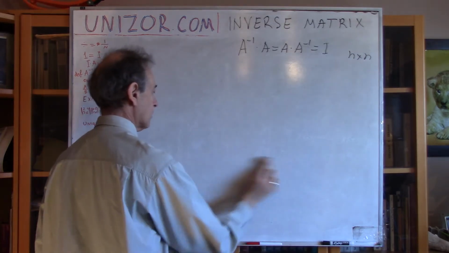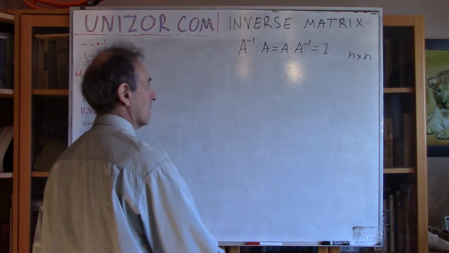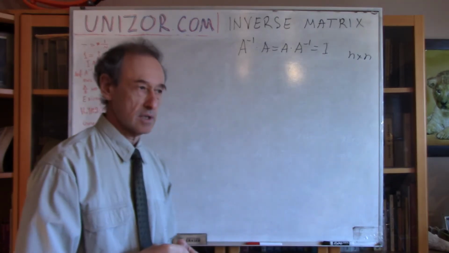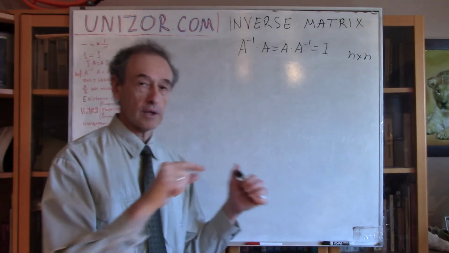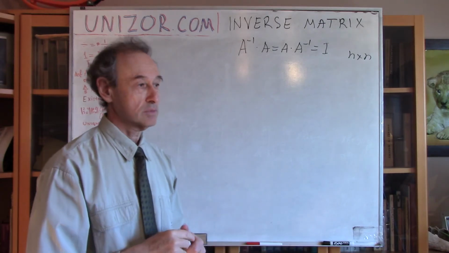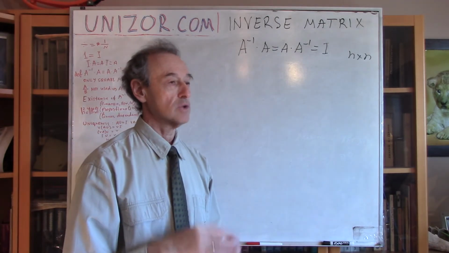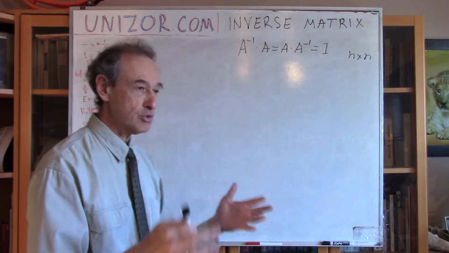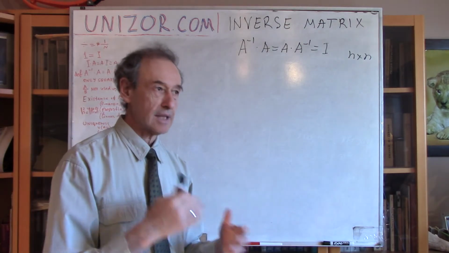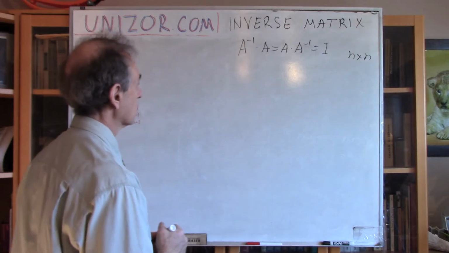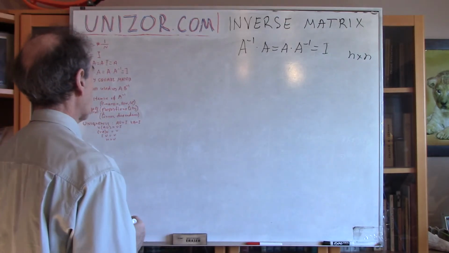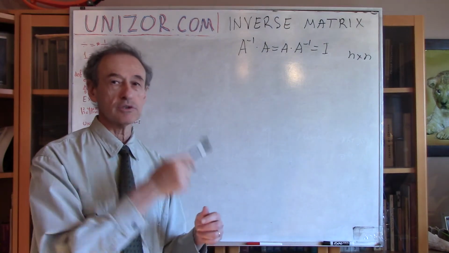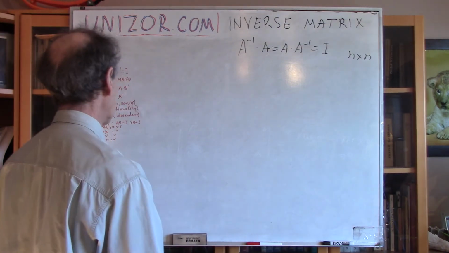So the most trivial example is the null matrix, which does not have an inverse. A less trivial example is when only one row or only one column, or multiple rows, whatever, not necessarily an entire matrix, is zero. And I have two other examples, slightly more interesting. Let's consider that you have one row proportional to another row in the matrix.